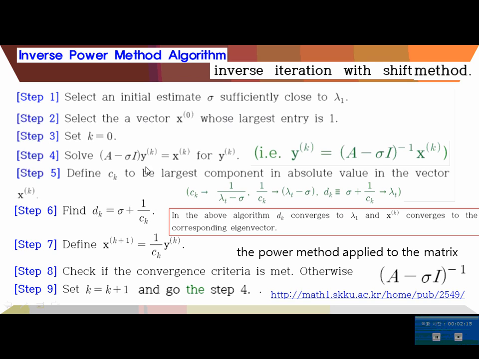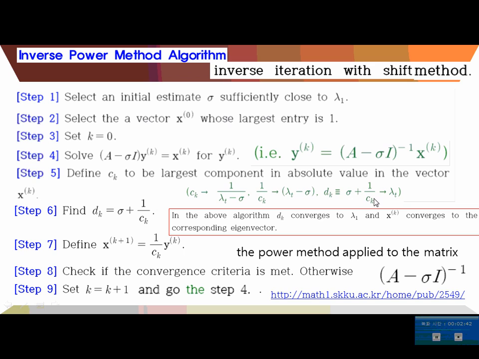So this algorithm sends CK to this, which can be written in this form by reciprocal. And then if we shift sigma this way, then sigma plus 1 over CK converges to lambda 1, which is the largest eigenvalue of A, isn't it?